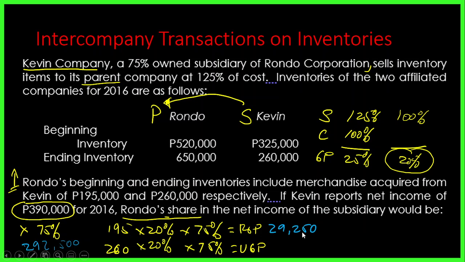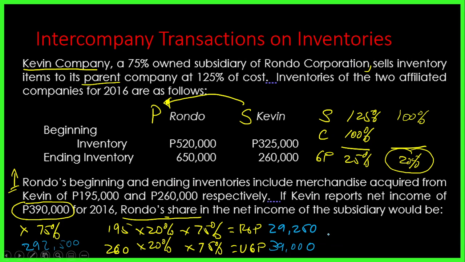Then you have 260 times 0.2 times 0.75. Ayan, so you now have 39,000. Oops, sorry. 39,000. Okay din ang magkamali. Doon tayo matututo. Ako nga, madalas akong magkamali pag nagko-compute ako ng ganito.